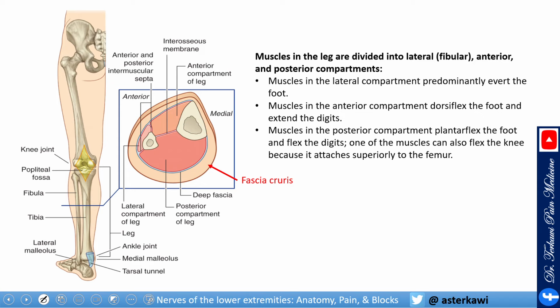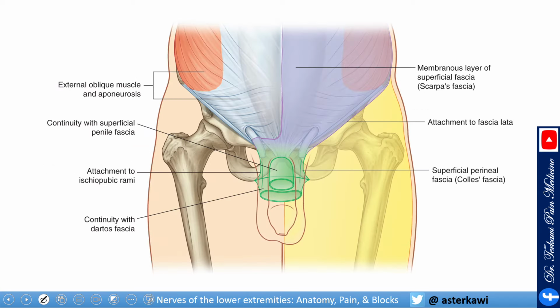And you see the different muscles in each compartment. Now, speaking of fascia, we all know the fascia lata. The fascia lata is nothing but a continuation of the Scarpa's fascia in the abdomen and the Colles fascia in the scrotum.